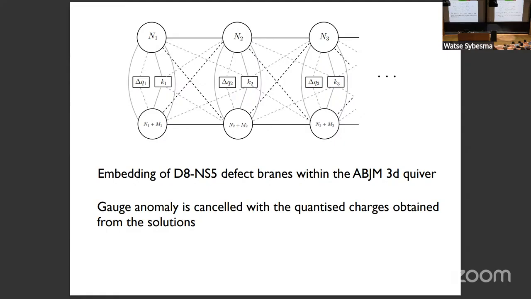matter fields. Then you have, of course, the D8 branes that you have added. This will give you an extra flavor group connected with the Fermi multiplets, and what you had in the ABJM case, which was interpreted as the level of the Chern-Simons term. In this case, we are in 2 dimensions.